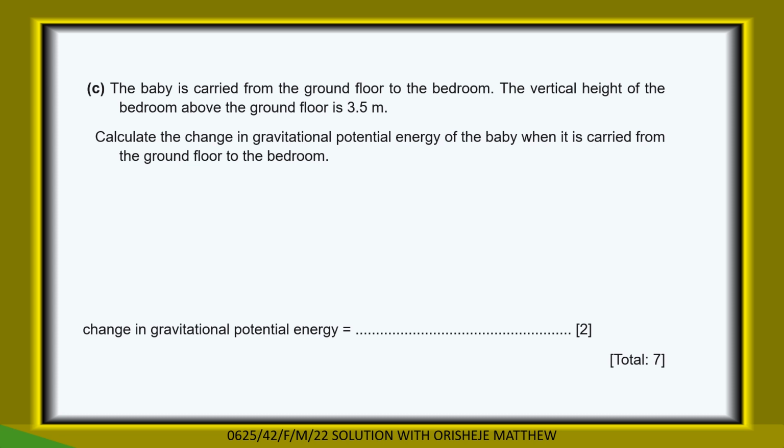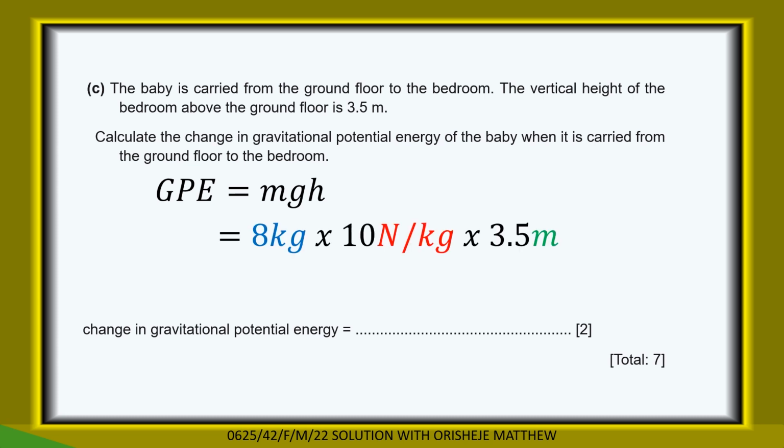So GPE, gravitational potential energy, is equal to the mass multiplied by the strength of gravity multiplied by the height of the bed. So that will give me 8 kg multiplied by 10 multiplied by 3.5, and that gives me the energy of a rise of 280 joule.